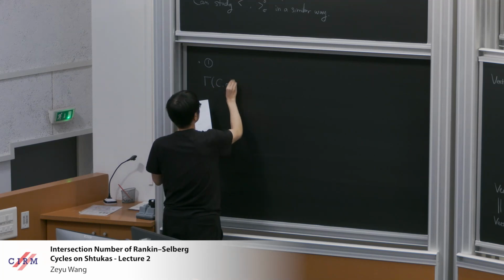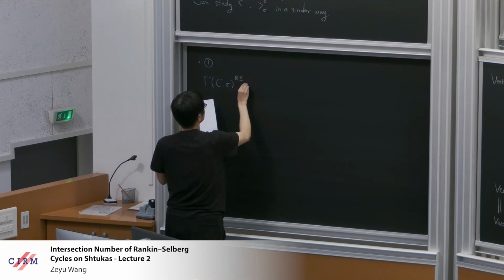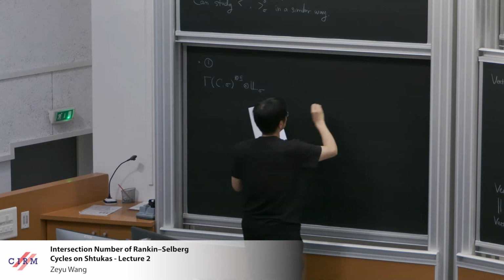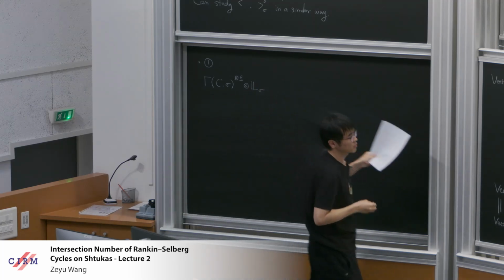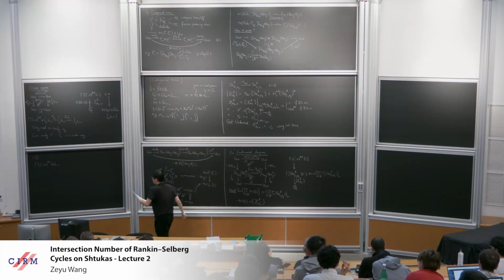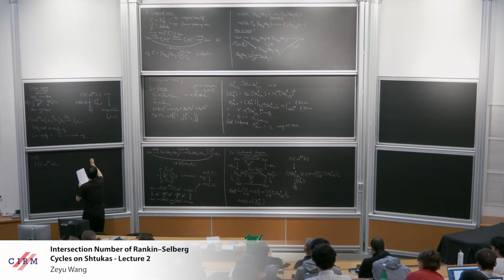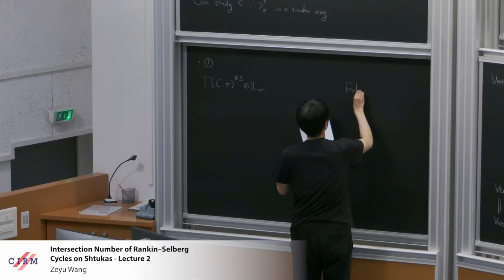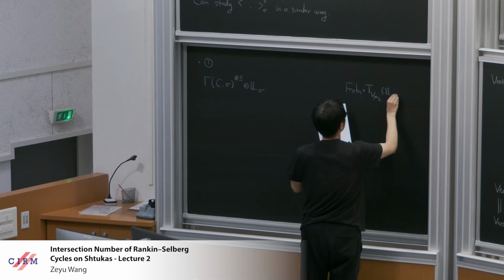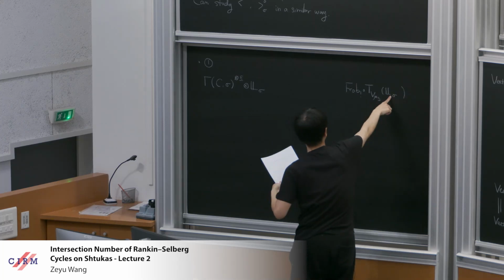You want to construct a natural transformation in the following form. You want to map from this composition, and that composition is Frobenius lower shriek composed with Hecke on this Hecke eigensheaf.